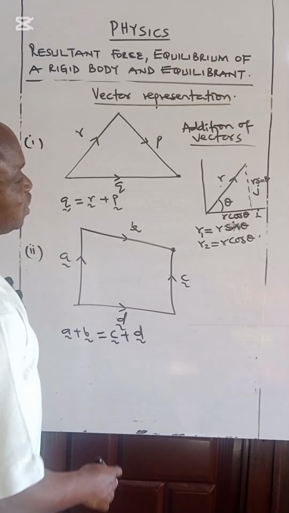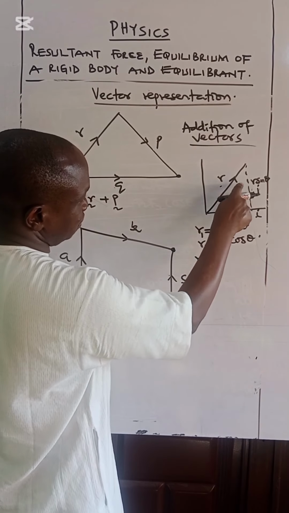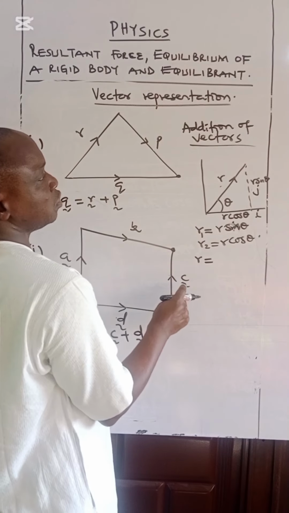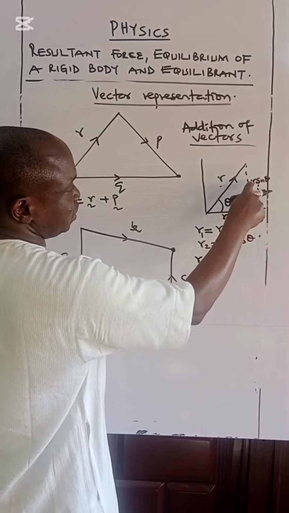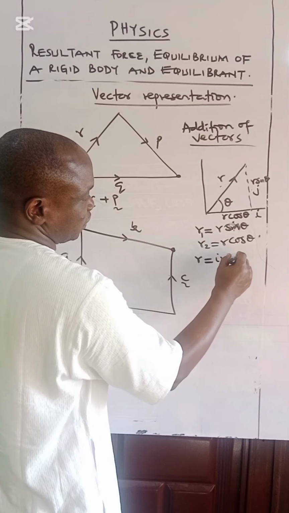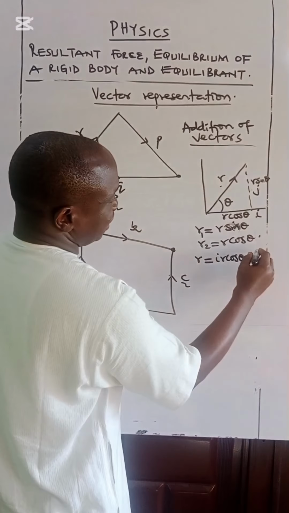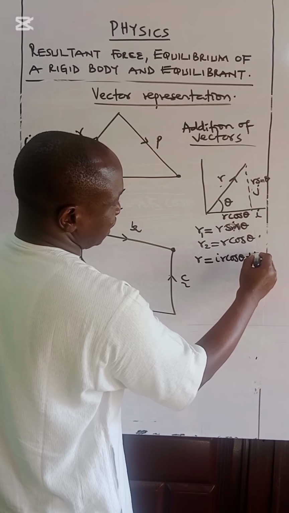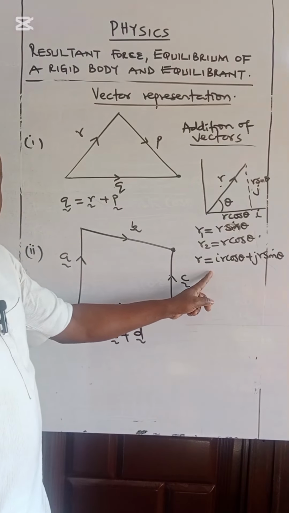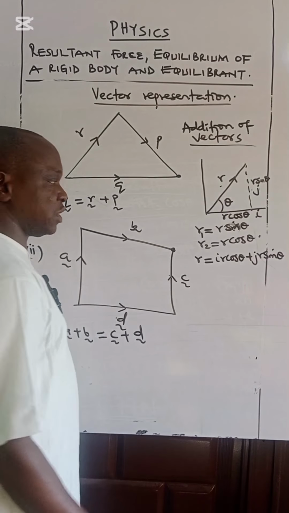So R is equal to I R cos theta plus J R sin theta. This one represents the horizontal component, while this J represents the vertical component. You can have it like that.